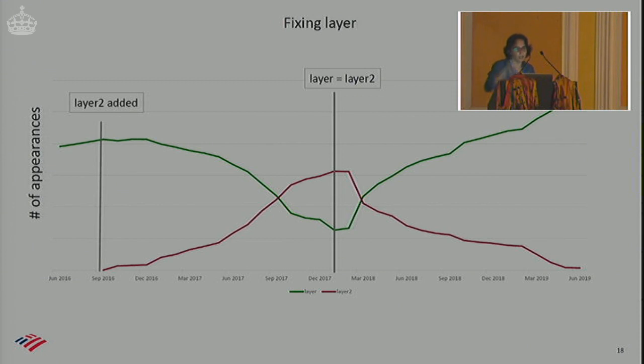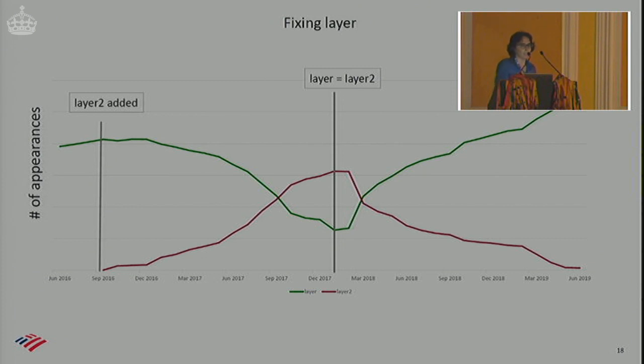We said, end of 2017, we're going to flip layer to become layer 2. So by then, that's enough time. And then we change layer 2 back to layer, after we flip, because they are the same thing now. And then we can forget any of this ever happened. So that's a good plan. Takes 3 years, but it's a good plan.